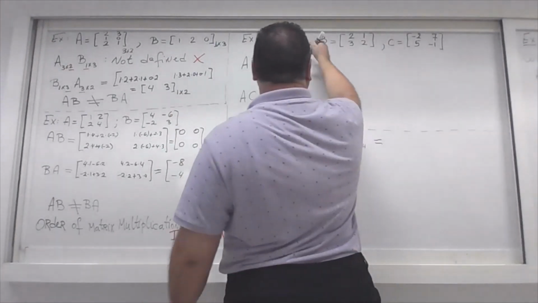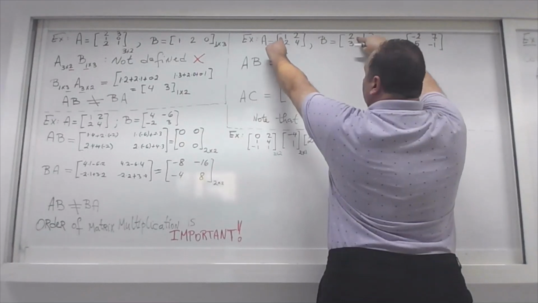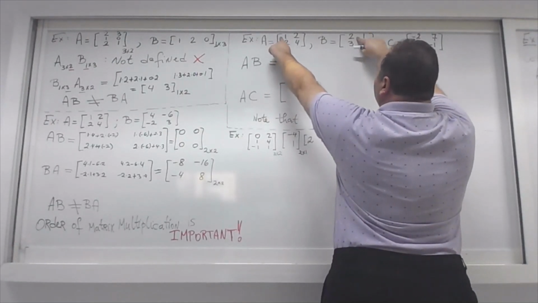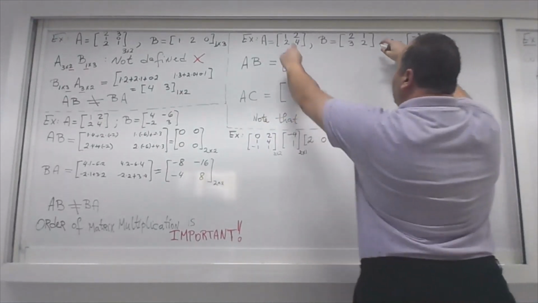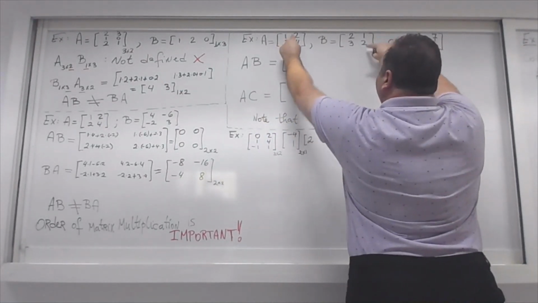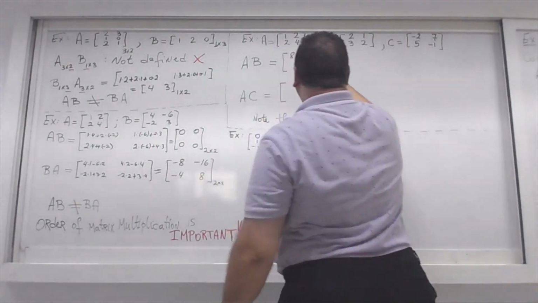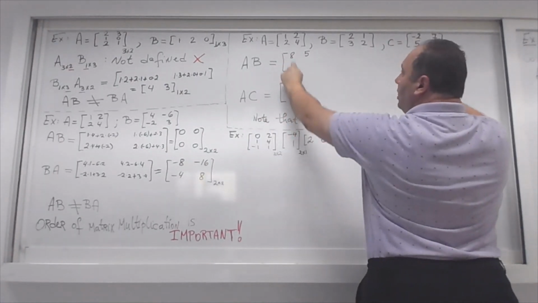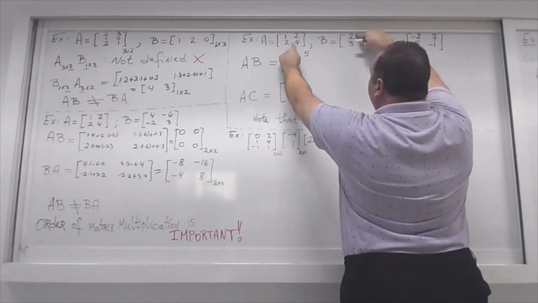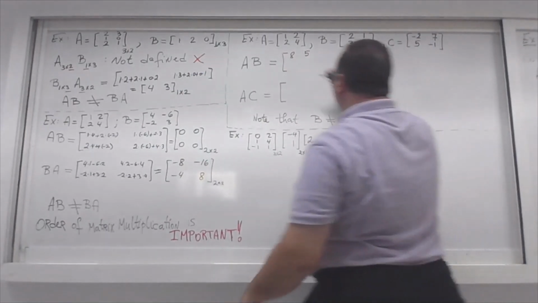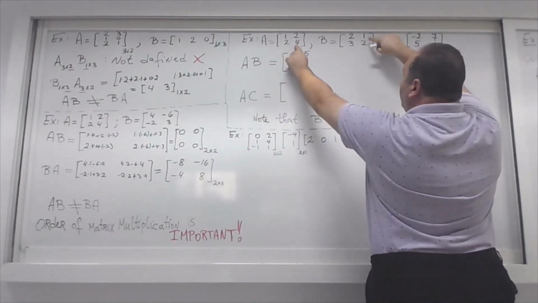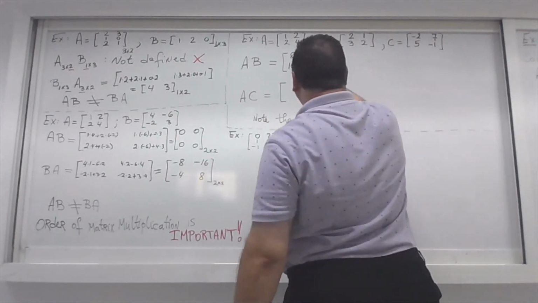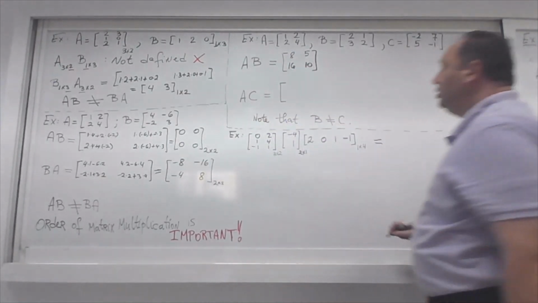So I'll put just fast, 1 times 2 is 2, plus 6 is 8, 1 plus 4 is 5, then entry here 2, 1, 4, plus 12, 16, 2 plus 8, 10, ta-da, finished.